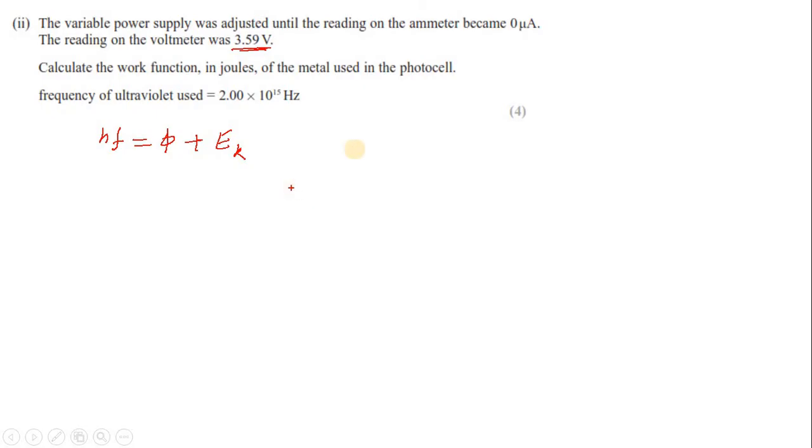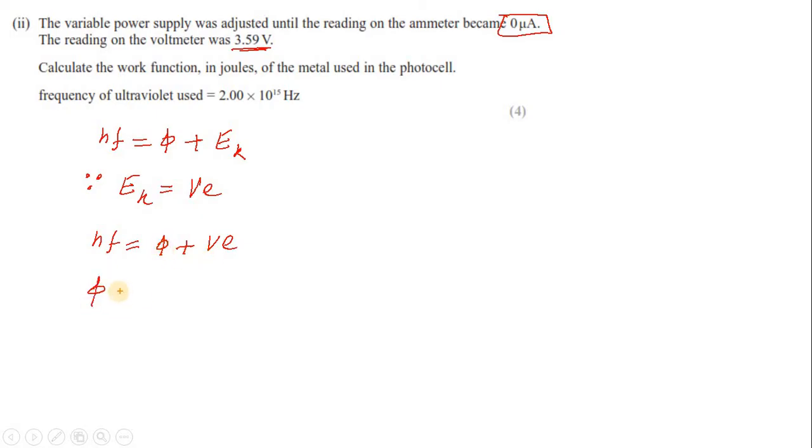And as they are saying that the power supply is adjusted so that there is no current, that means this EK is equal to VE, where V is the voltage and E is the charge of electron. So we can replace EK with VE. So hf is equal to phi plus VE. And now we need to find phi.